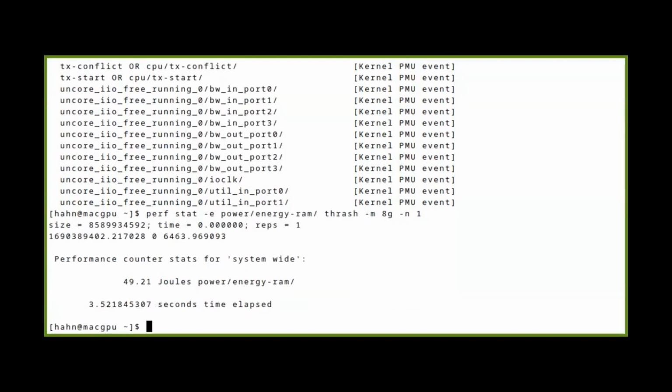Wow. Well, we'd have to check that out, but that's an interesting measure. So 49 joules for something that took 3.5 seconds. So that's sort of believable.